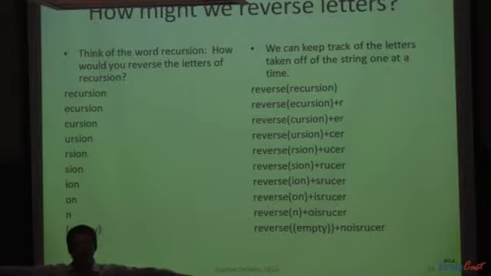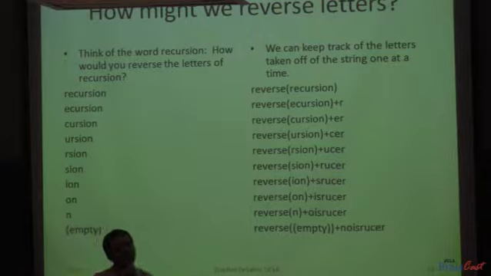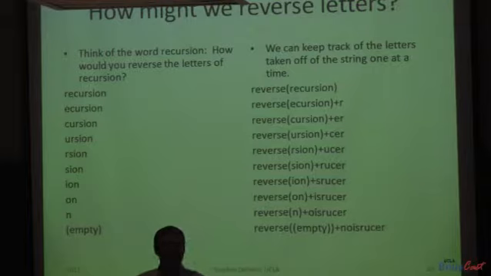And then you stop thinking. The reason you stop thinking is because you say to yourself, well, wait a minute. If I have a word of length 1 character, how do I reverse that? It's already reversed. How about 2 characters?